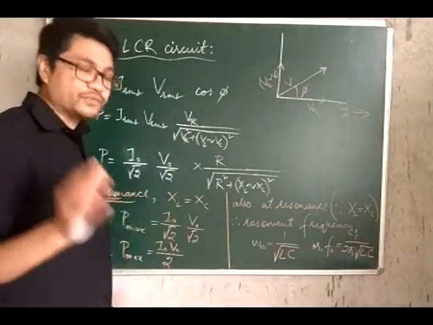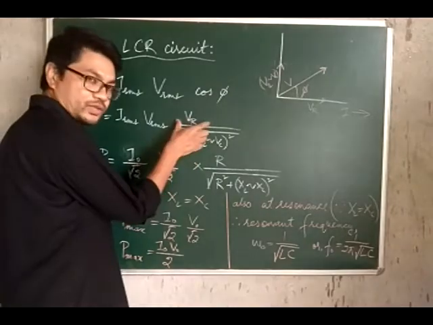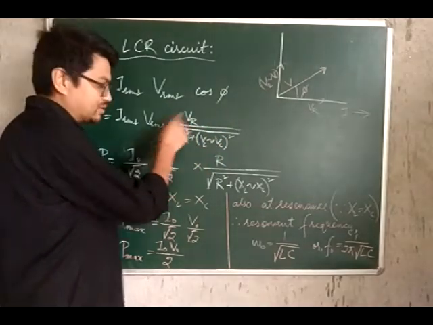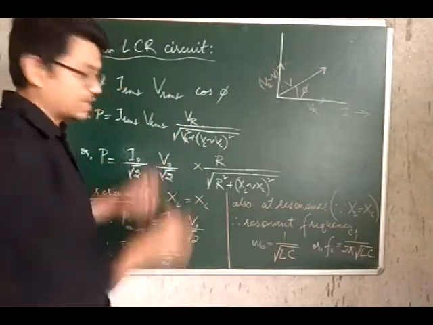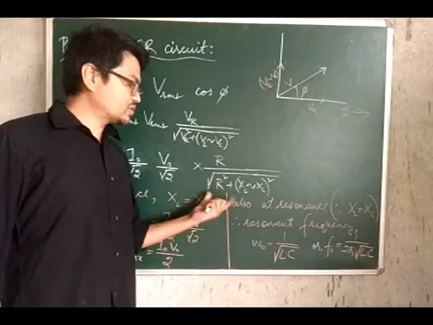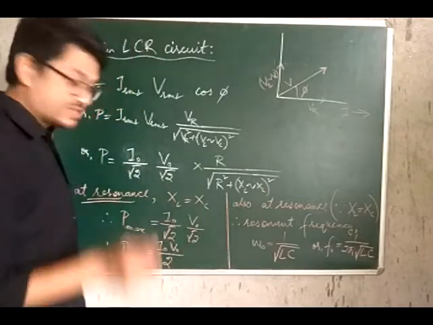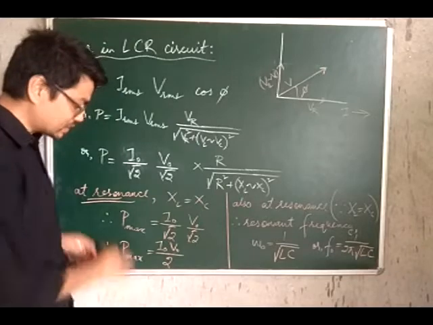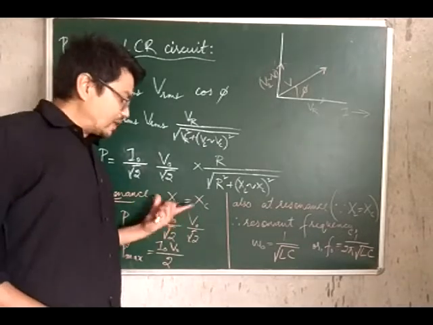At any instant, if current I is flowing, you will get I into R from Ohm's law, and from the square root also you will get I. These two I's in the numerator and denominator divide each other out, and therefore we get R divided by the square root of R squared plus (X_L minus X_C) whole squared.